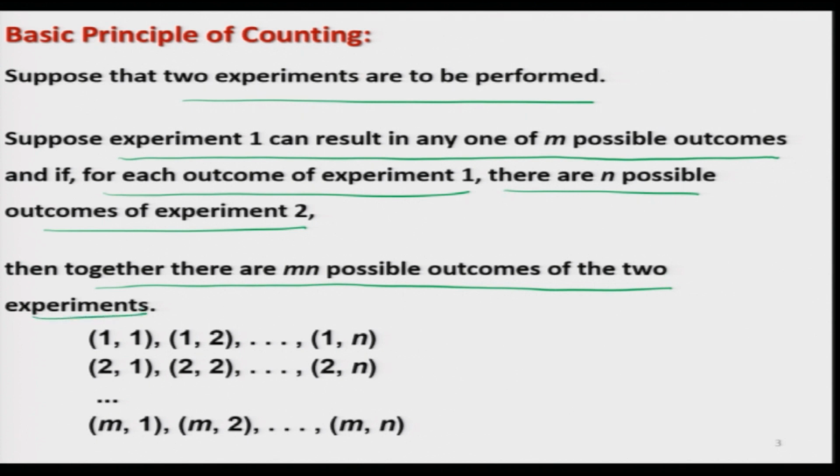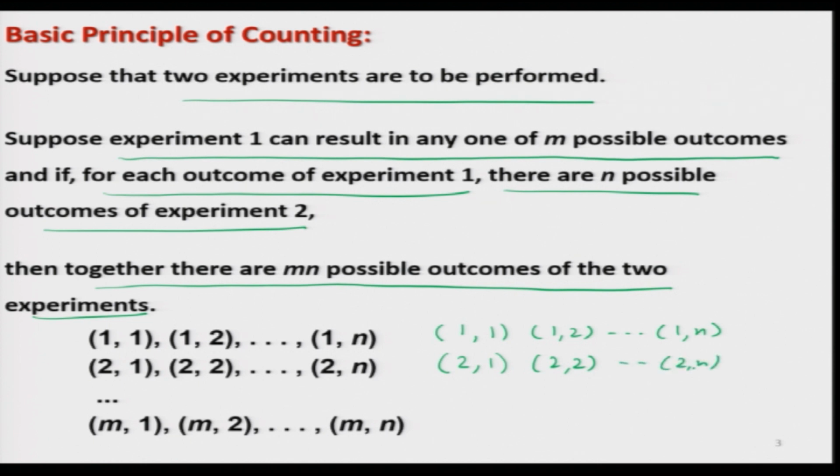For example, the outcome number 1 of experiment 1 can happen with the outcome of experiment number 2 being 1, then 2, up to here 1 comma n. Similarly, for the outcome number 2 of experiment 1, this occurs with the first outcome of experiment 2, then 2, up to here 2n.